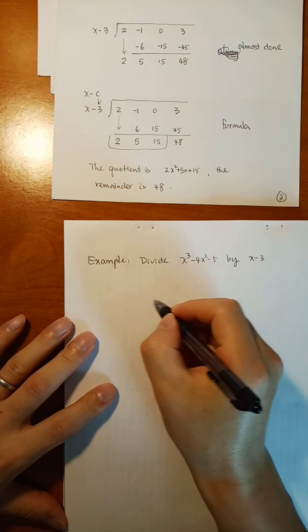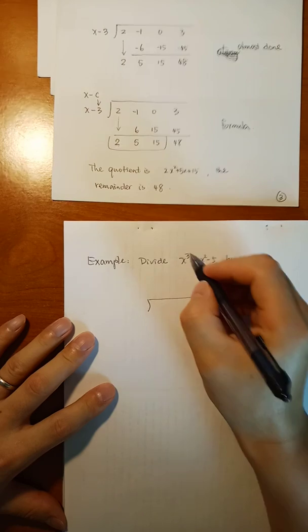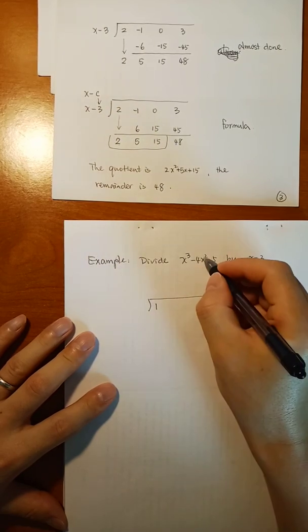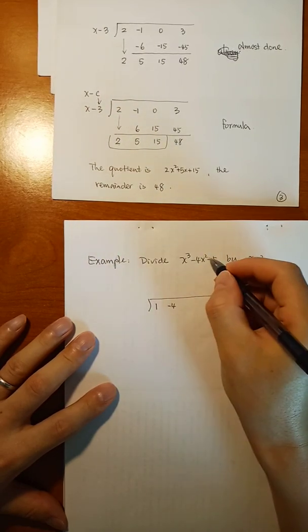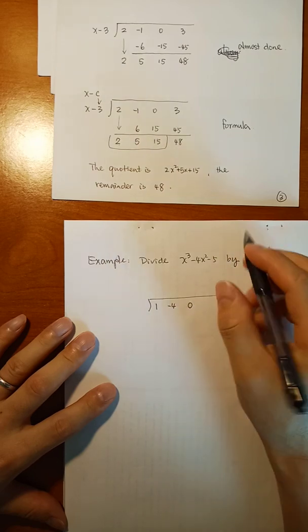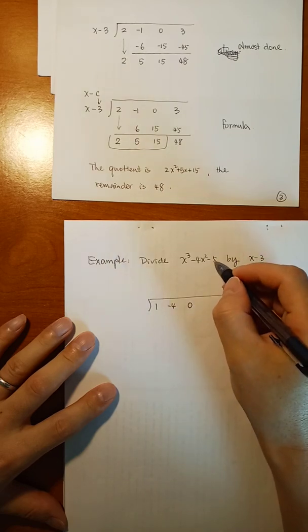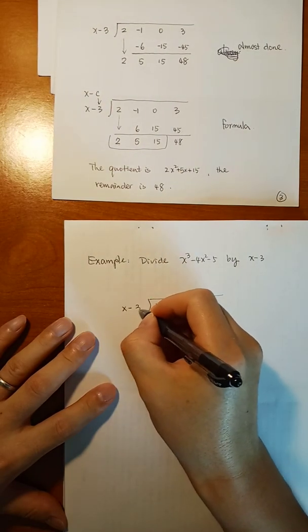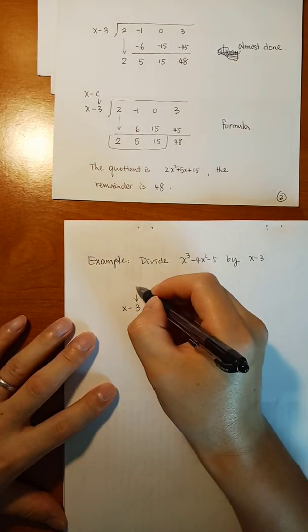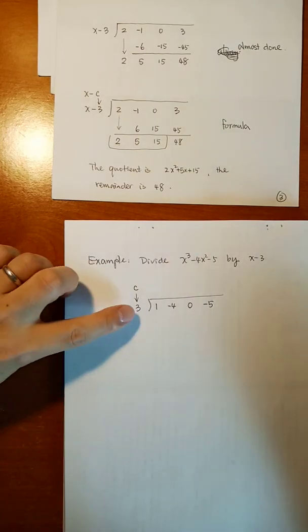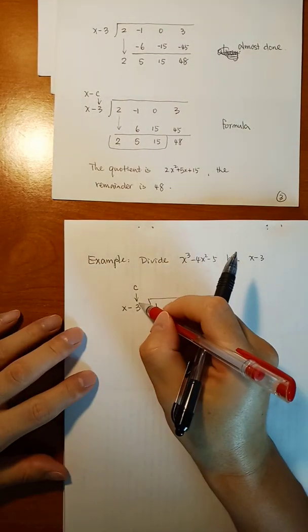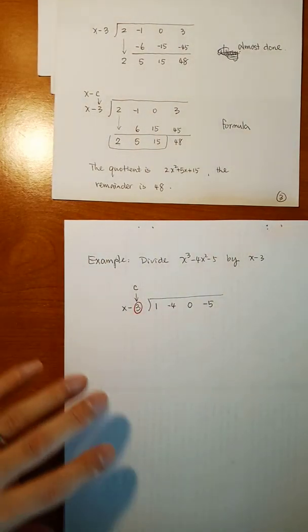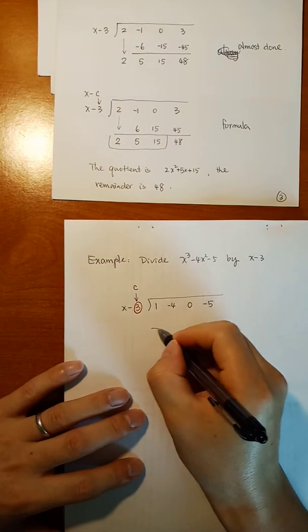Okay, so let's try the synthetic division. x cubed, coefficient of 1. x squared, coefficient negative 4. x, no x term, coefficient of 0. Constant term, negative 5. x minus 3, c is 3. When you get that c is 3, if you want, you can mark it. This is a 3.